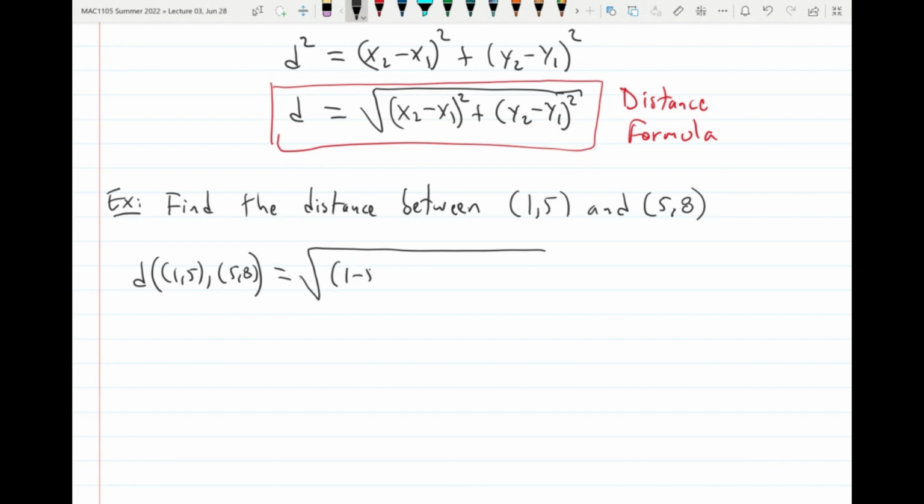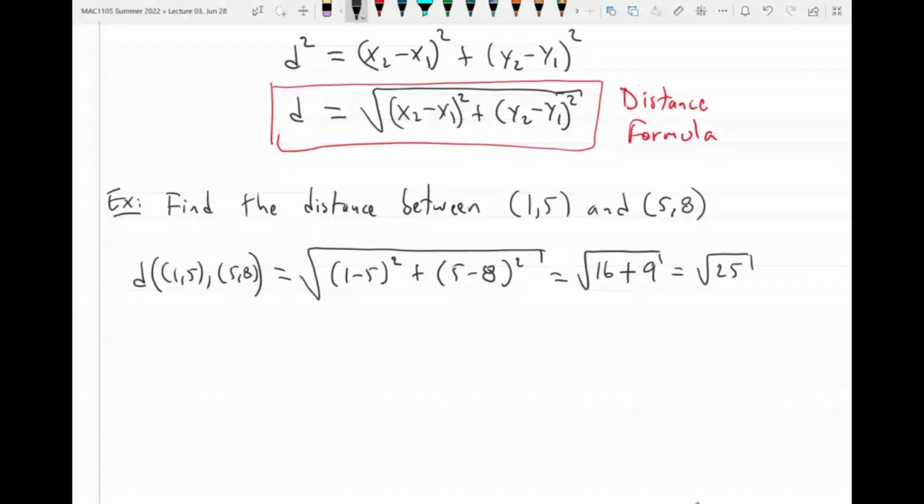In other words, I'm going to just do 1 minus 5 squared plus 5 minus 8 squared. You subtract the x's, subtract the y's, and then square. So that's negative 4 squared, that's 16, and then negative 3 squared, that's 9.